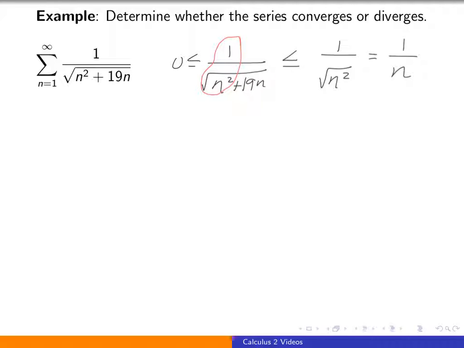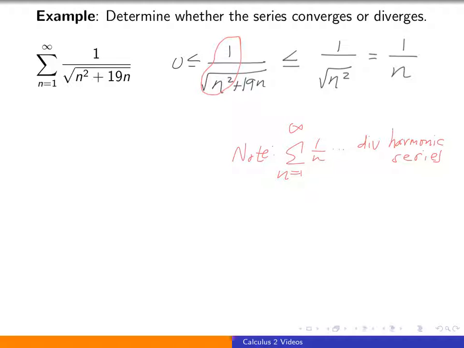So note, if we think about the sum from n equals 1 to infinity of 1 over n, this is the divergent harmonic series. That is a P series with P equals 1. But it diverges.